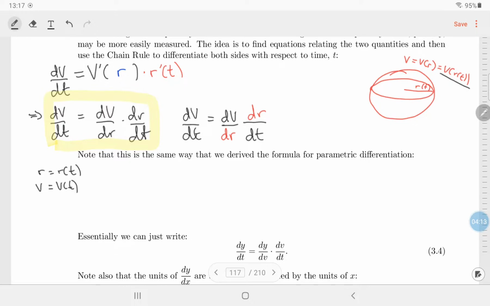So what we did above is very similar to something where we would have said y was a function of x, which is a function of t, and we would have differentiated y with respect to t and used the chain rule and got something that was useful. But let's go back in terms of the previous chapter. You can write dV/dr equal to dV/dt divided by dr/dt.